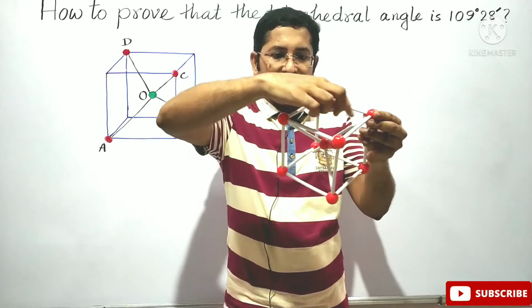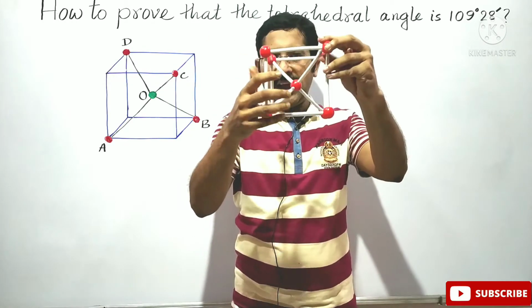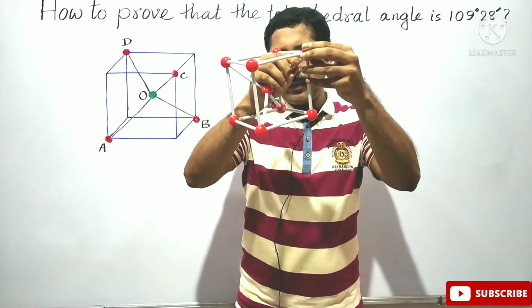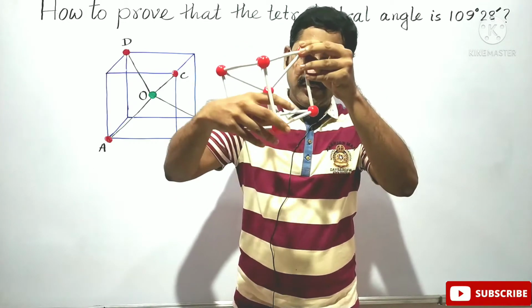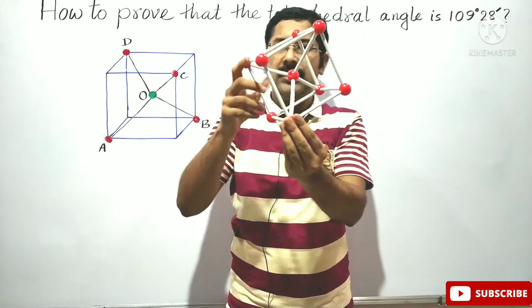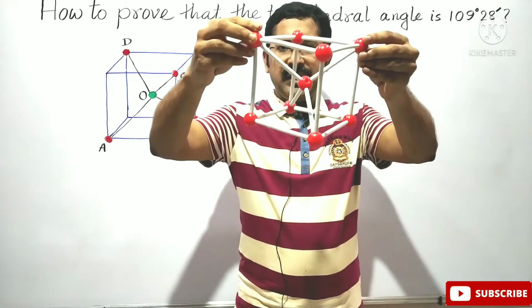Look, this is the face diagonal of the cube and this one is another face diagonal of the cube, and if we place this tetrahedral structure into the cube, what will happen? Look at here very carefully.